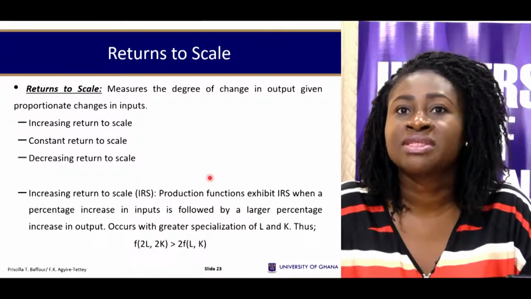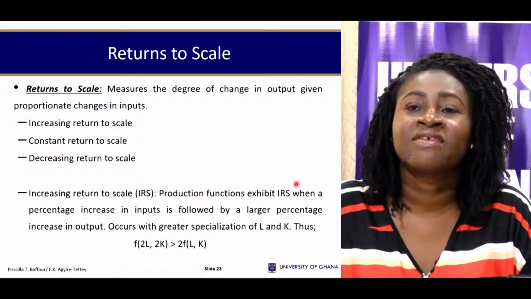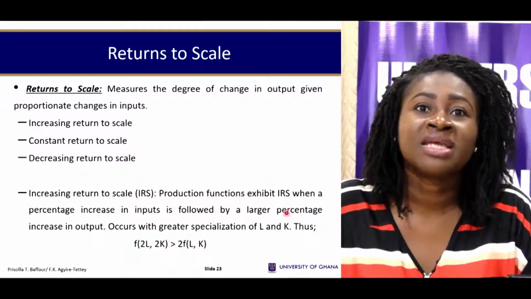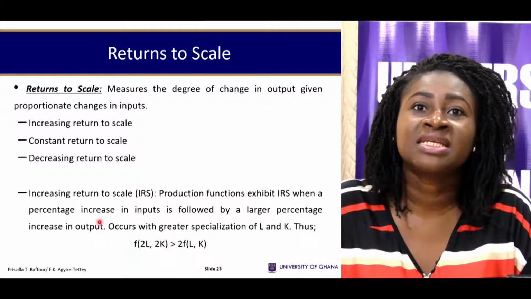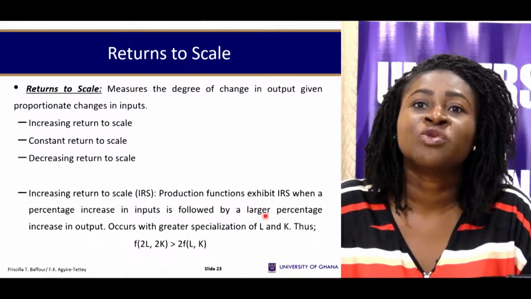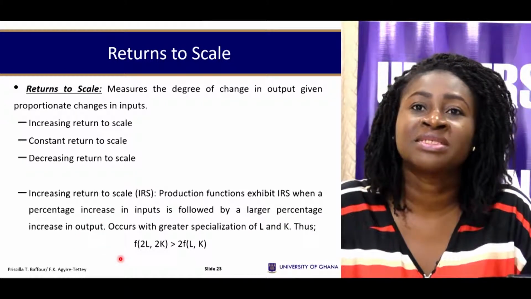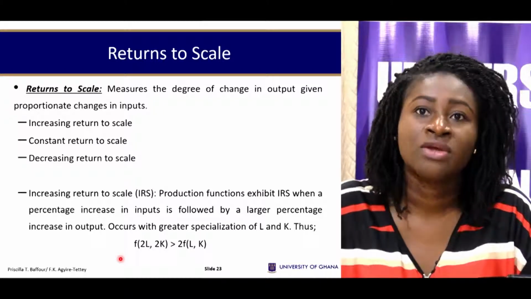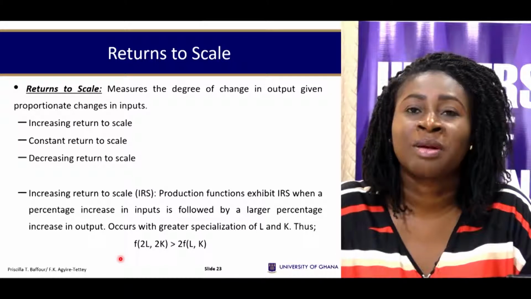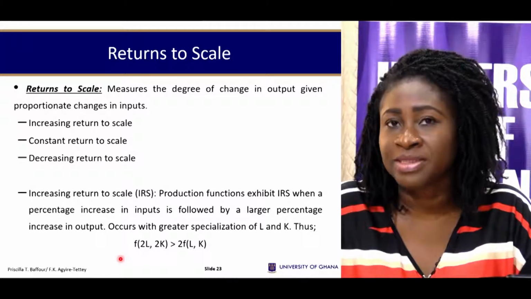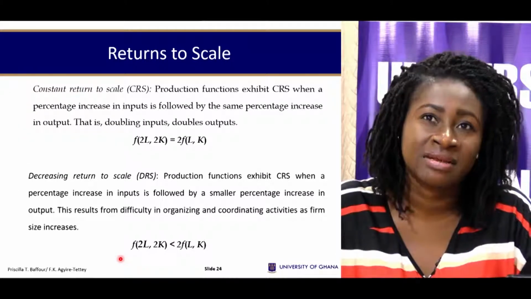With increasing returns to scale, the production function means that a percentage increase in input will be followed by a larger percentage increase in output, right? So you increase input by 10%, output will probably increase by 20 to 30% instead of the 10% increase.